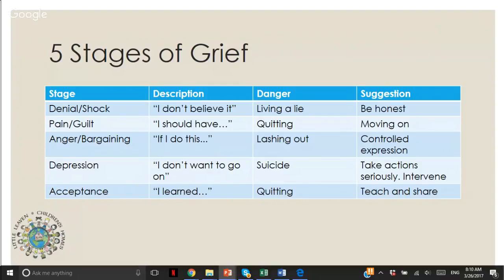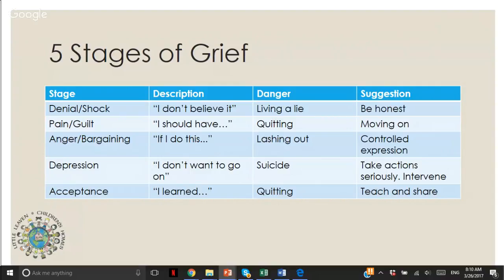Okay, depression. So this is dangerous because depression can lead to suicide. If anyone ever talks about hurting themselves, you have to take them very seriously. In the 5 stages of grief, this is where someone can end up not making it out.